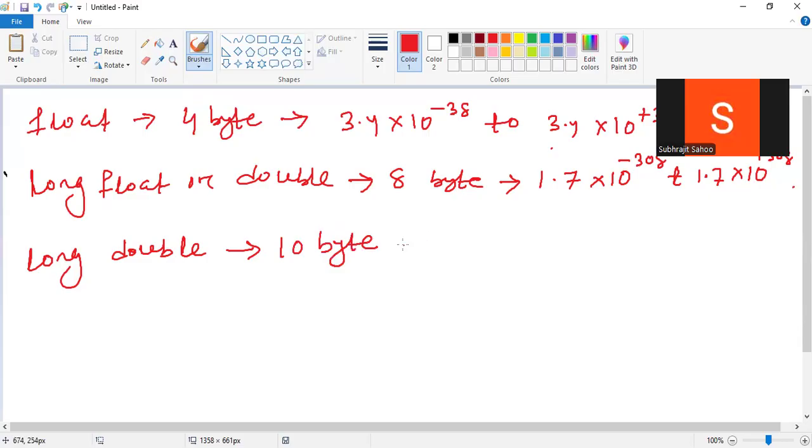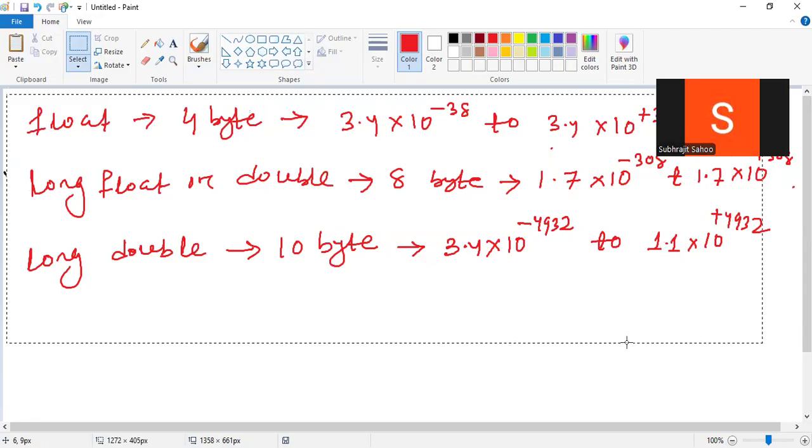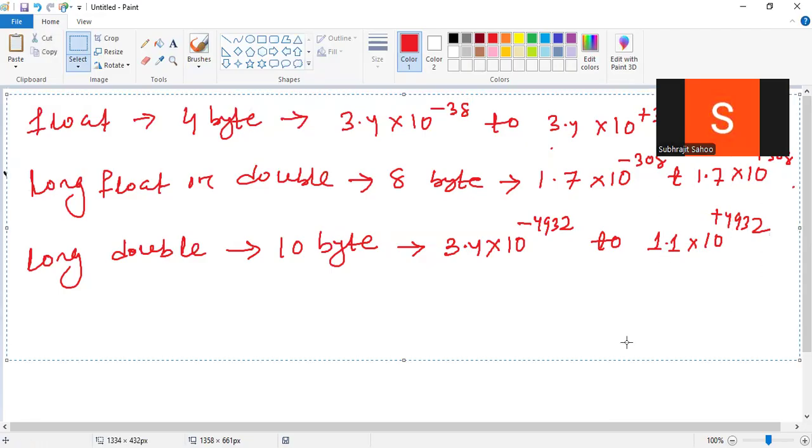The range is 3.4 into 10 to the power minus 4932 to 1.1 into 10 to the power plus 4932, 10 byte size, right? So in this storage I can store a very big number. This is about float, double and long double, and you need to remember their corresponding storage capacity.